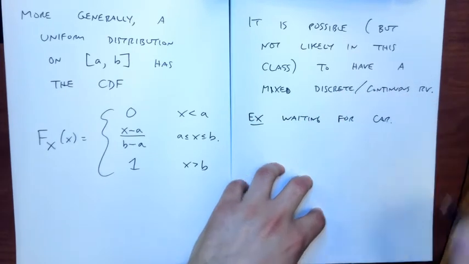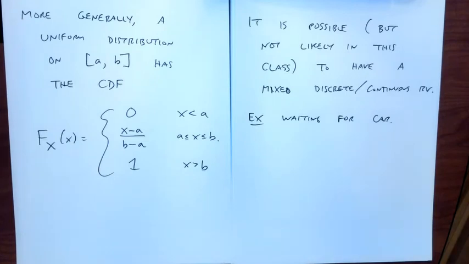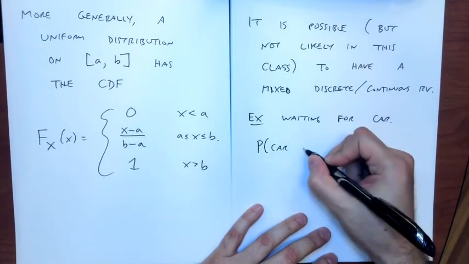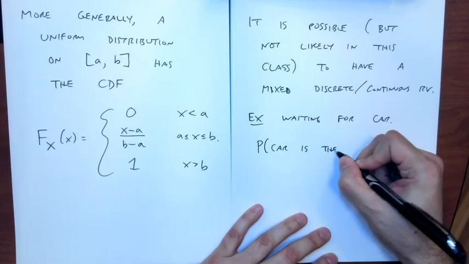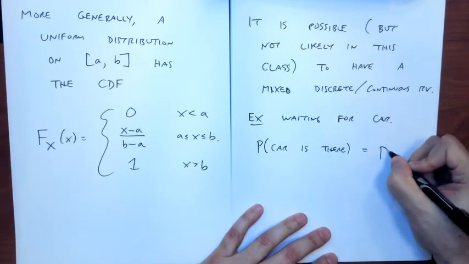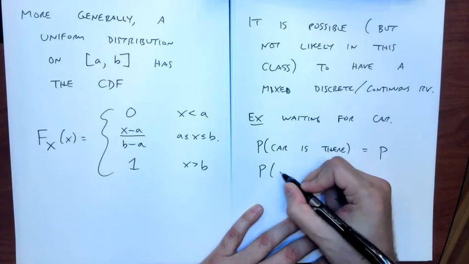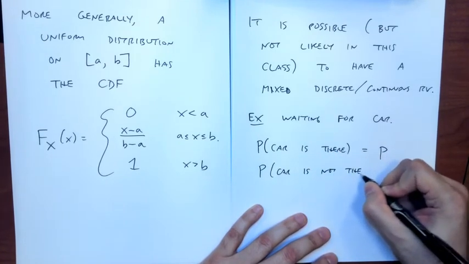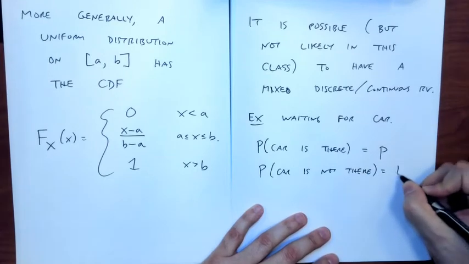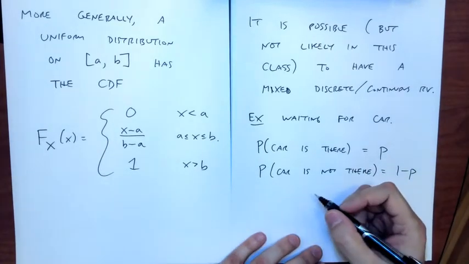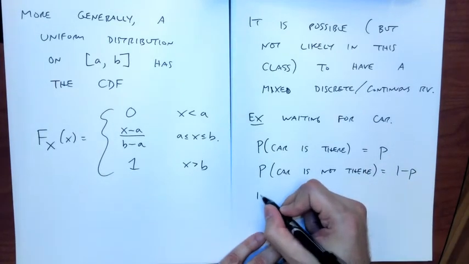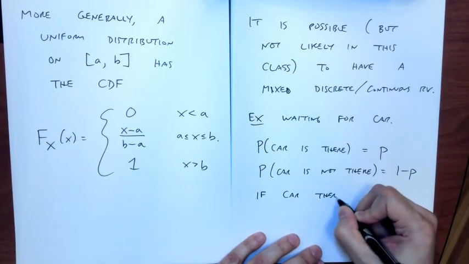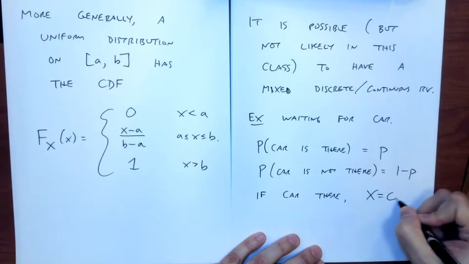Now, maybe there's a probability that the car is already there waiting for me when I step out of my door, and that has probability P. And the probability that the car is not there yet is 1 minus P. So if the car is there, I don't have to wait at all.